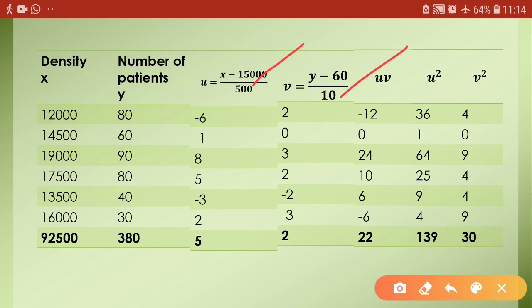I have divided by 500 while forming u, so this 500 should be called Cx. I have divided by 10 while forming v, so this 10 should be termed as Cy.